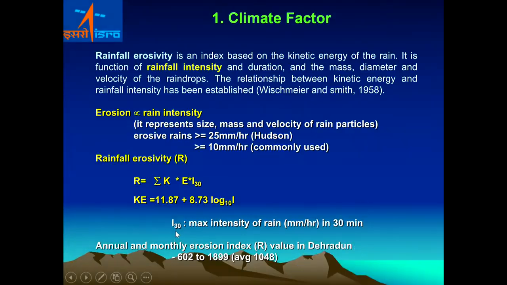So I will go to the first factor, that is climate factors. Here I am mainly calling it the rainfall factor, and we calculate the rainfall erosivity. How is rainfall erosive? Because when rain comes, it has a lot of energy. If rainfall has high intensity, what do we mean by intensity?